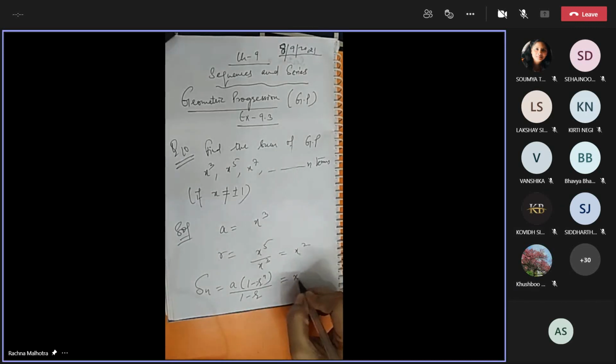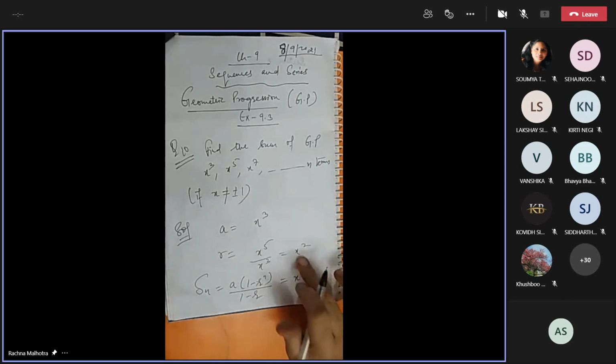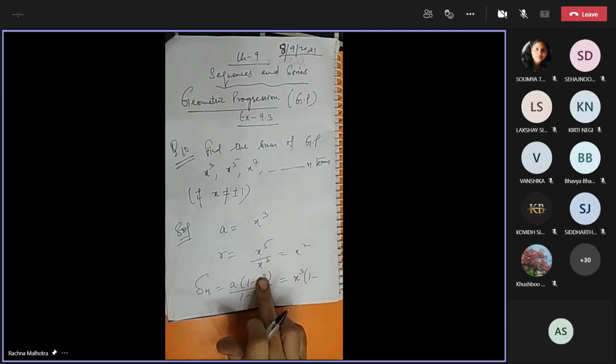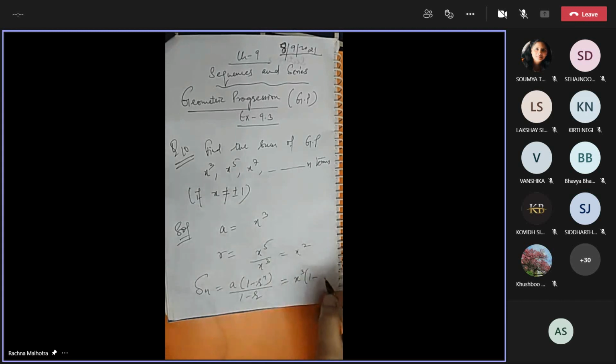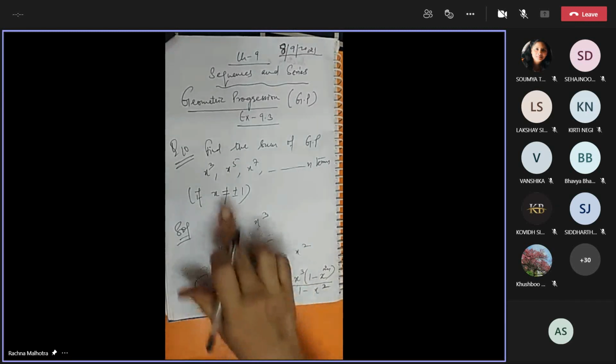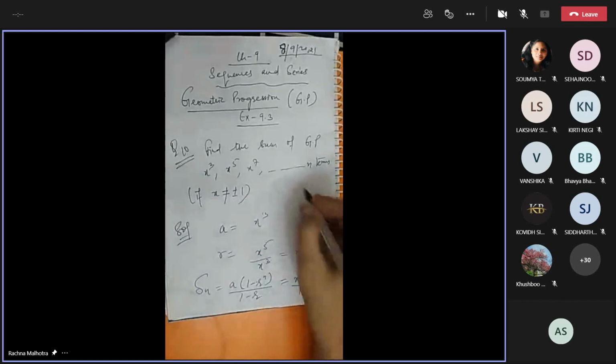So what is a? x cube. 1 minus what is r? x square, and its power is n again. So we can write x to the power 2n, divided by 1 minus x square. x is not equal to 1 means x square is not equal to 1.